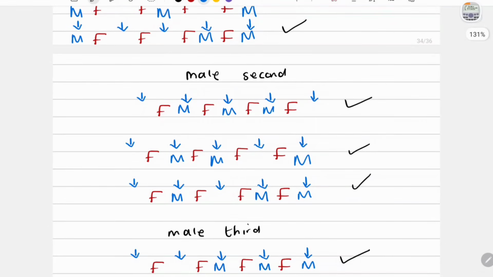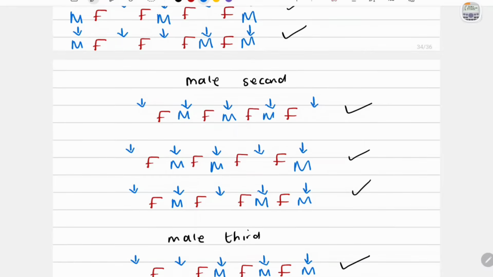So that's the thing about the counting principles. The answer that you get is not going to show you how they're seated. It's just going to count it. So when we represent it as a picture, then we can actually see how they're seated.